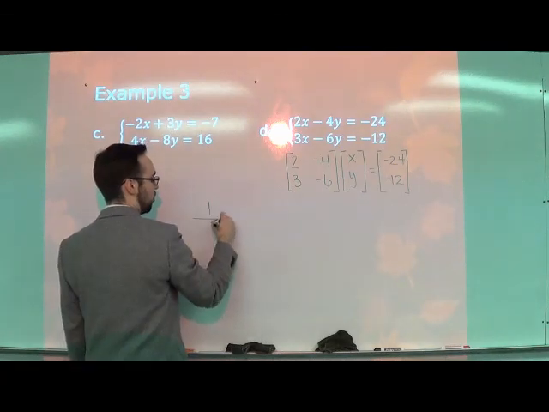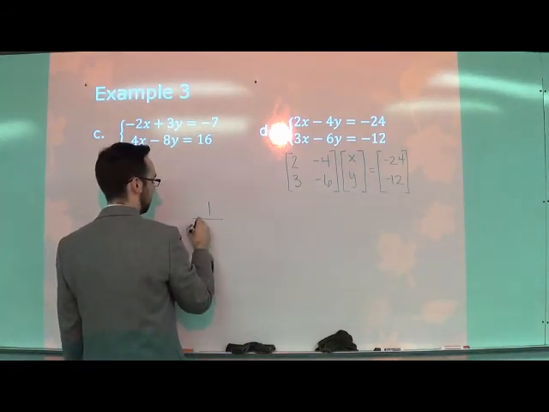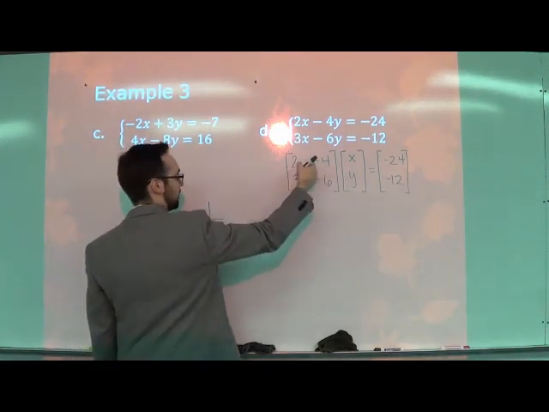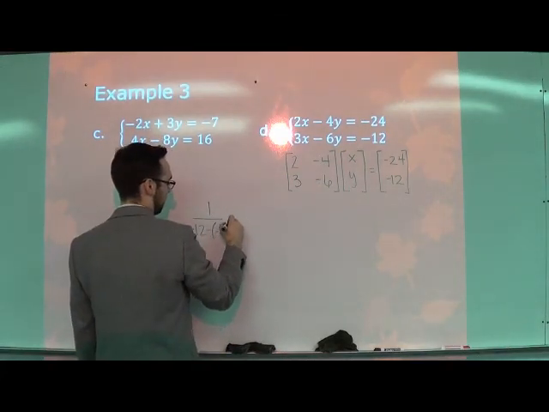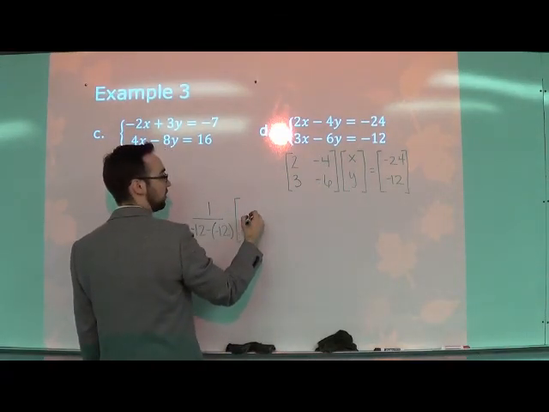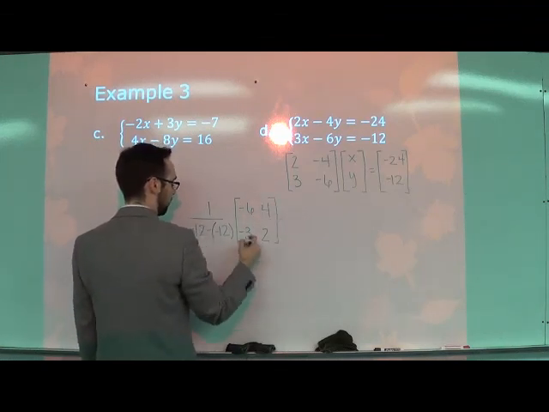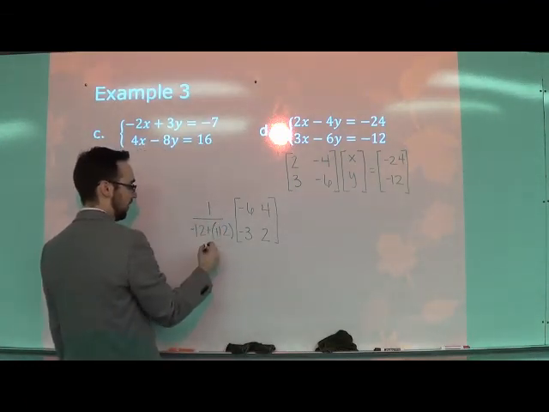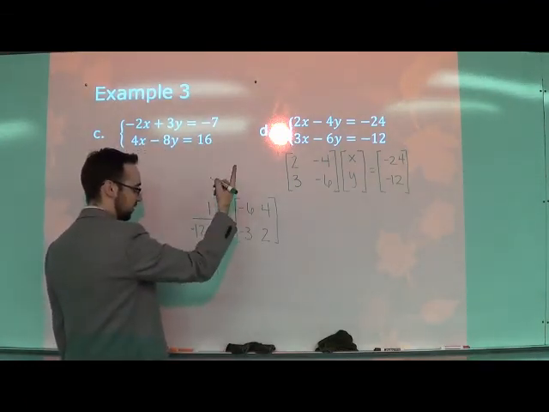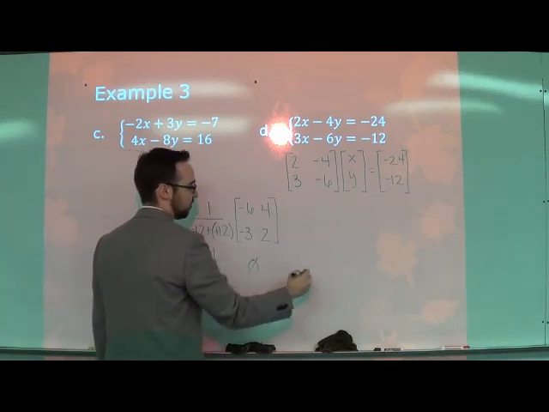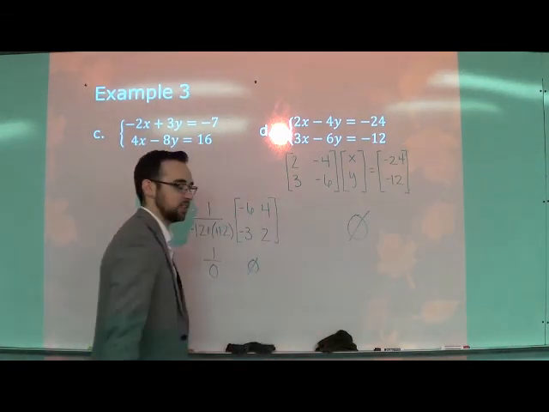So we have 1 over negative 12 minus negative 12. I think most of you can probably see what's going to happen here. When I change these to addition, that becomes 1 over 0. We don't even care what this is anymore, because there is no inverse, which means there is no solution.